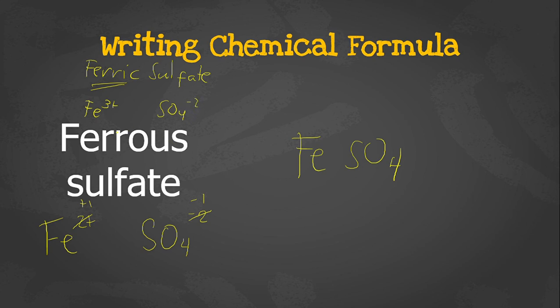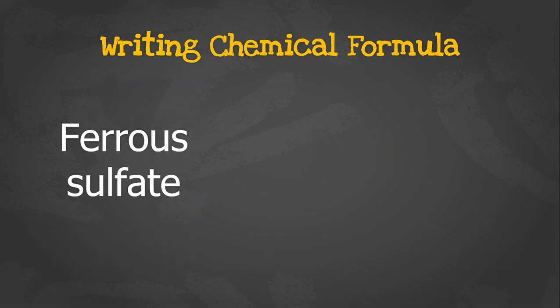O paano yan? So, pag pinag-criss-cross natin, diba? Nagiging 2 ito. Ito naman ay 3. Pero, i-multiply natin siya sa buong polyatomic ion. So, therefore, for ferric sulfate, it's Fe2(SO4)3. Okay?